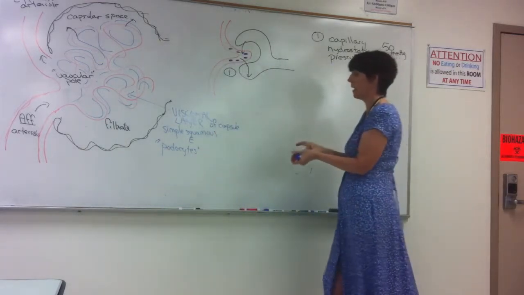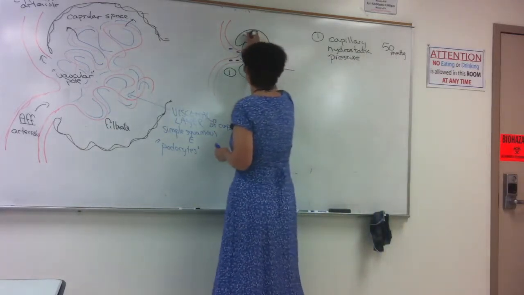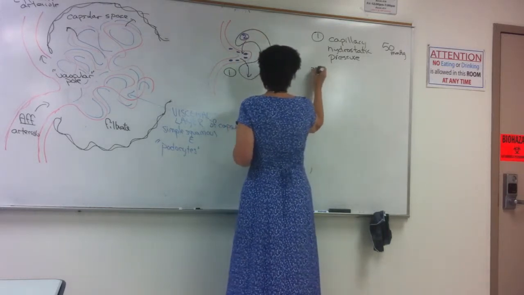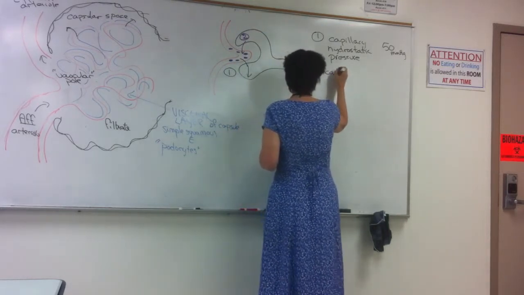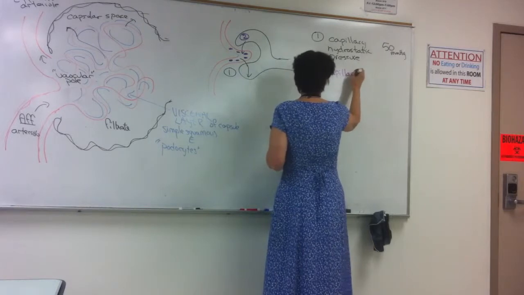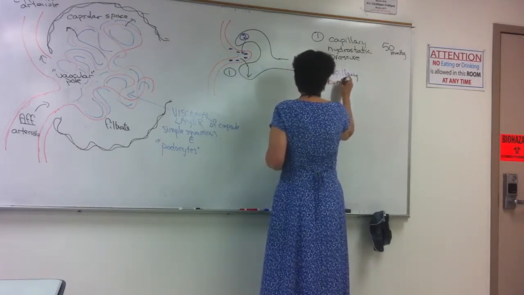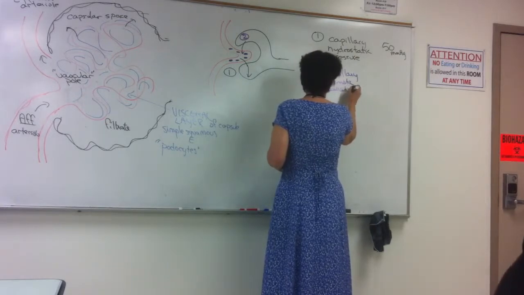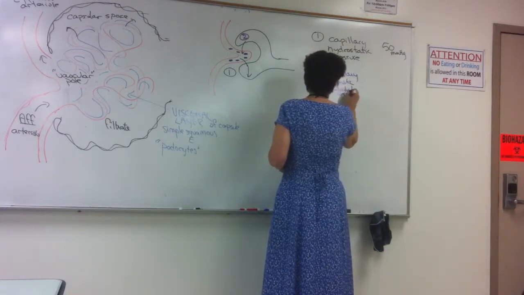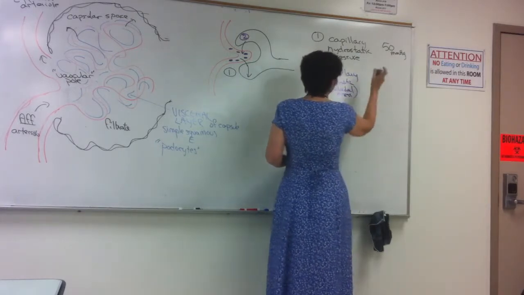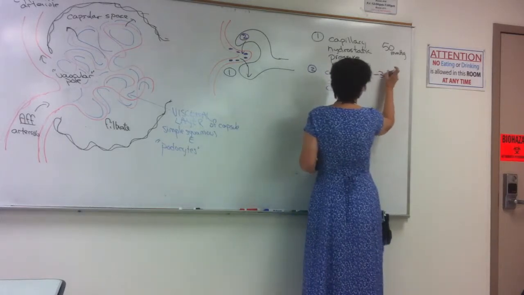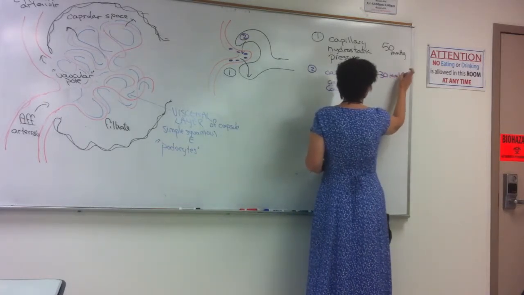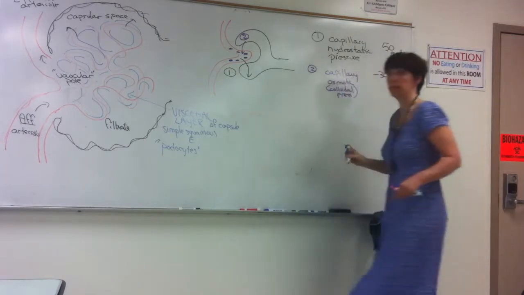Okay. So this pulling effect is due to capillary osmotic or colloidal pressure from those proteins, and that's an opposing pressure of approximately 30 millimeters of mercury.